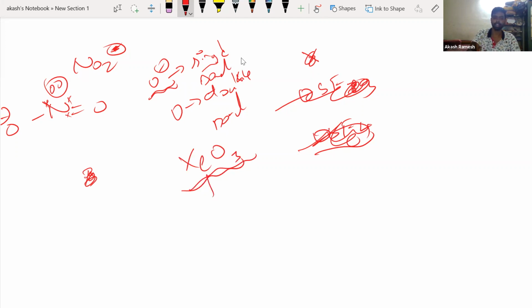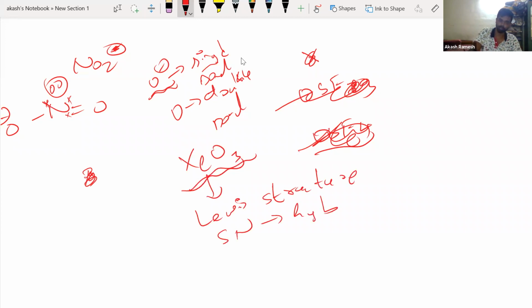So now tell me, you have to find out so many things. First draw the Lewis dot structure for XeO3, and then find the steric number, and obviously from the steric number you find the hybridization. Do the hybridization diagram.